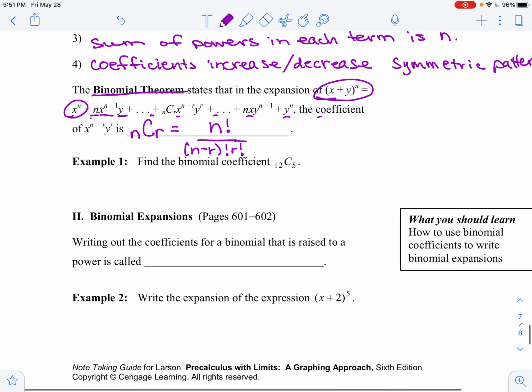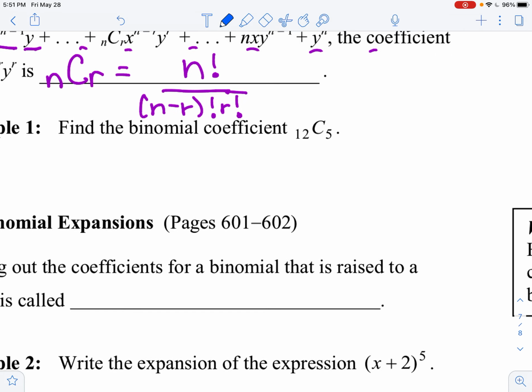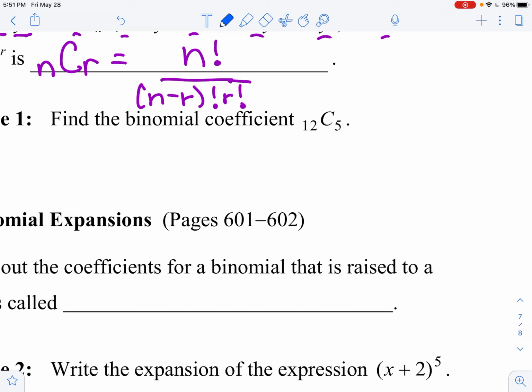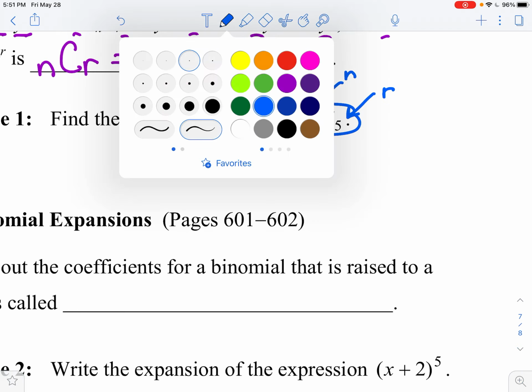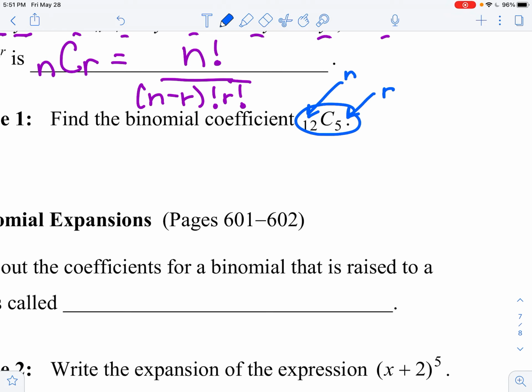So let's go ahead and find the binomial coefficient of 12C5. So we're going to use this where n is 12 and r is 5. Okay, so here's what we're going to do. Knowing that n is 12 and r is 5, we're going to use this formula to solve this.